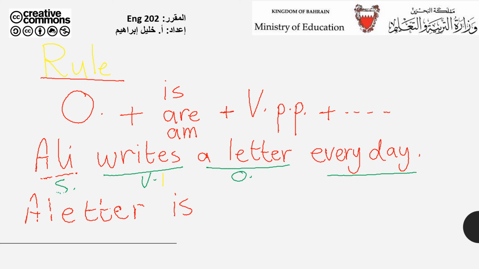Step number three is the main verb to be in the past participle. The verb write, the past is wrote, past participle is written. So a letter is written, and you complete the sentence every day.